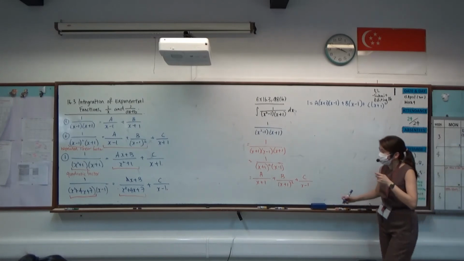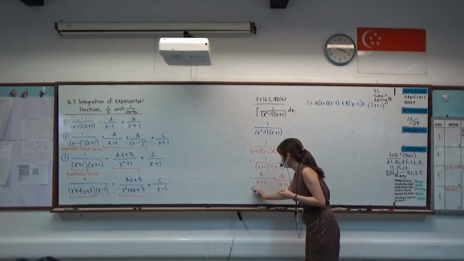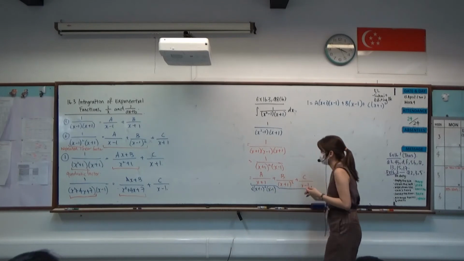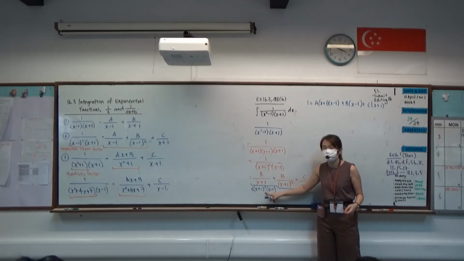It is a multiplication of this for all. Each fraction is multiplied by this denominator here.